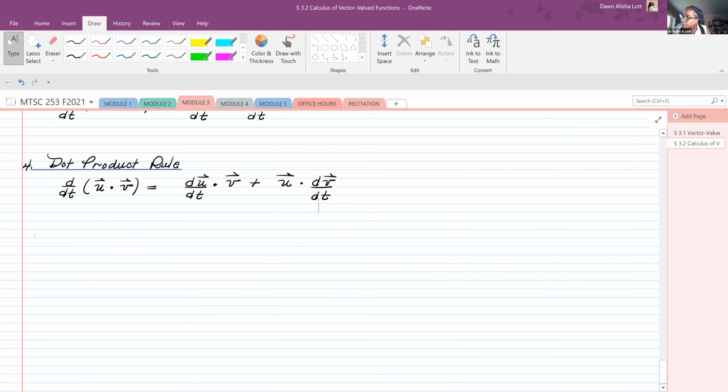Next, we have the chain rule. The chain rule says r is a function of t, and t is a function of s.